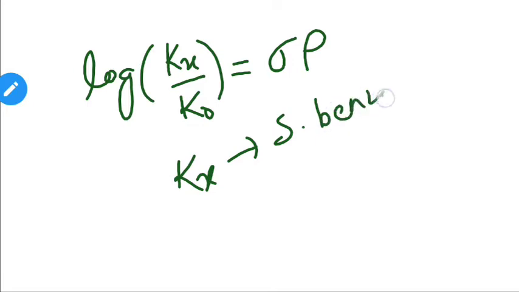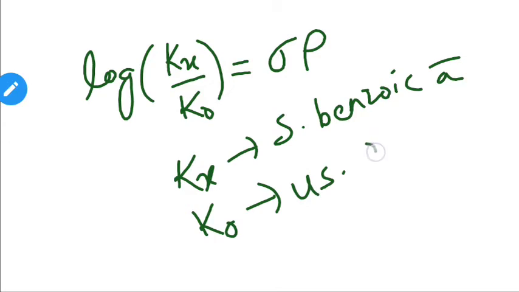Benzoic acid is the parent compound, that means we are taking it as a reference compound. And k naught is unsubstituted benzoic acid. The equilibrium constant k naught is the equilibrium constant for unsubstituted benzoic acid.